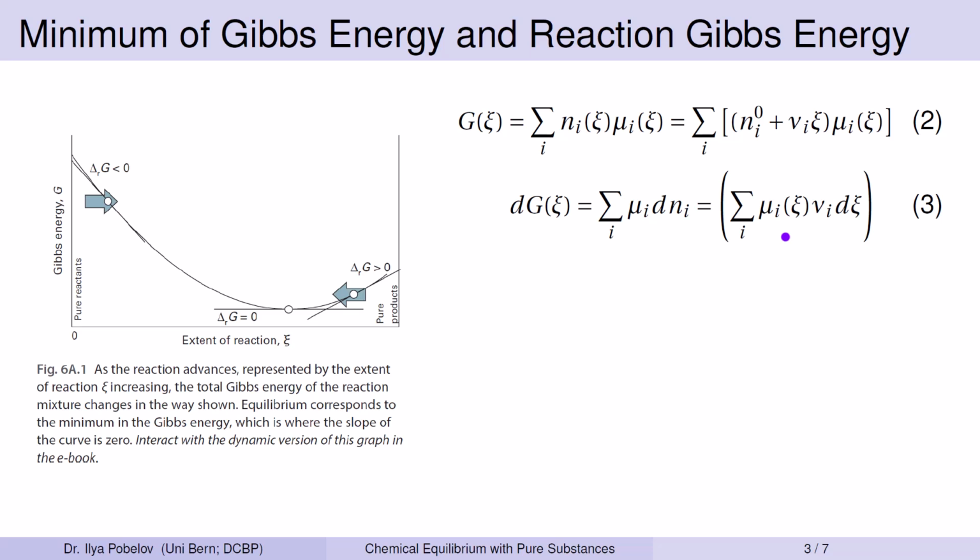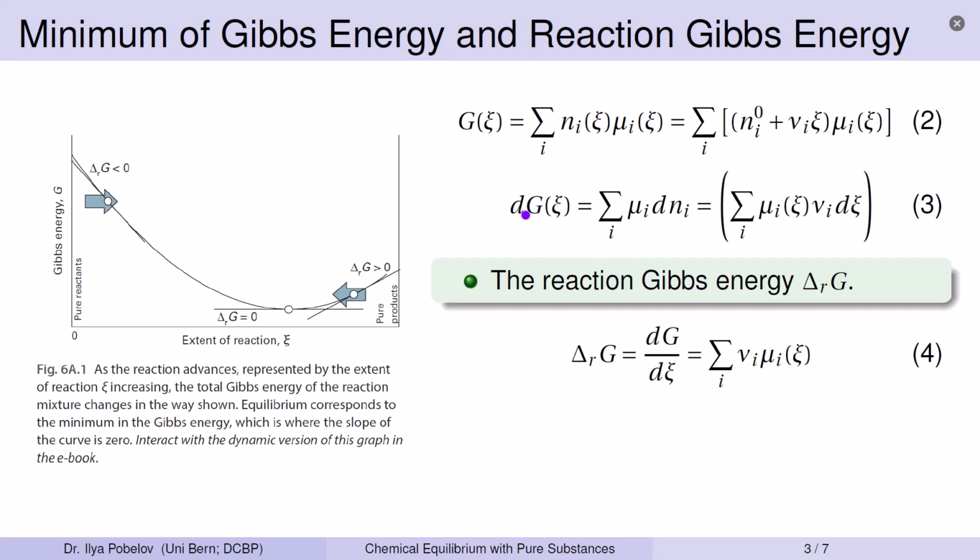These changes are equal to the product of their stoichiometric number μI and the infinitesimal change in the extent of reaction. The derivative of the total Gibbs energy of the system with respect to the extent of reaction is known as the reaction Gibbs energy, ΔrG.